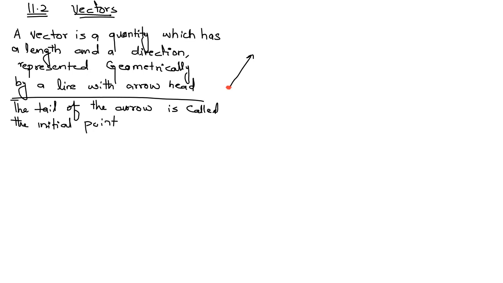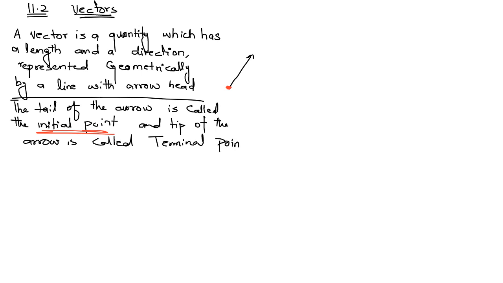Okay, is called the initial point. Now, and the tip of the arrow is called the terminal point or final point, you can say. The tip is this point, okay, where you have the arrow. So this is the terminal point of the vector.